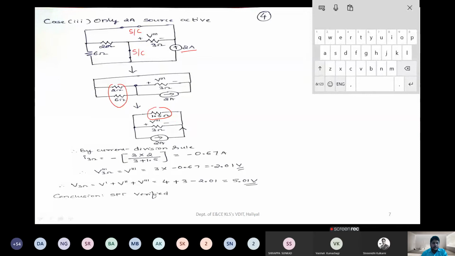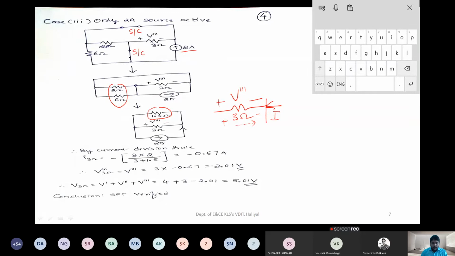Voltage across this. See again, here we have this 3 ohm resistor. So voltage across this I want to calculate, but the main current is approaching like this, and conventions are given like this, right? So that means our convention is in the opposite direction to the main current.